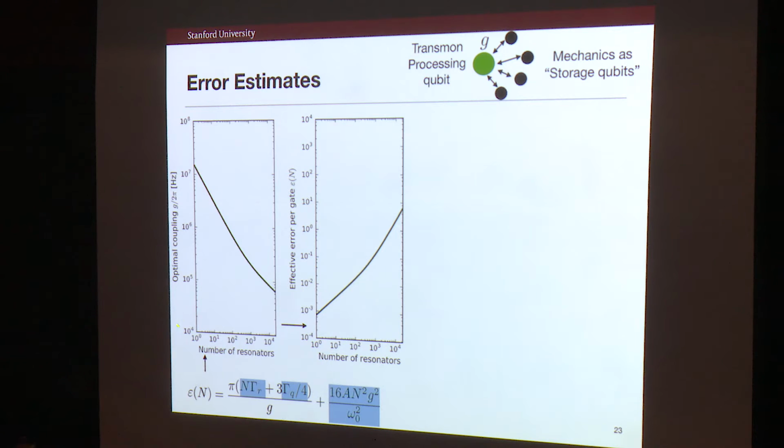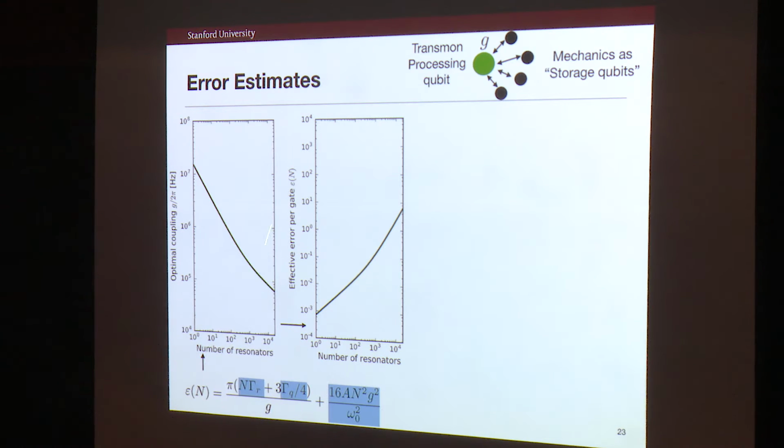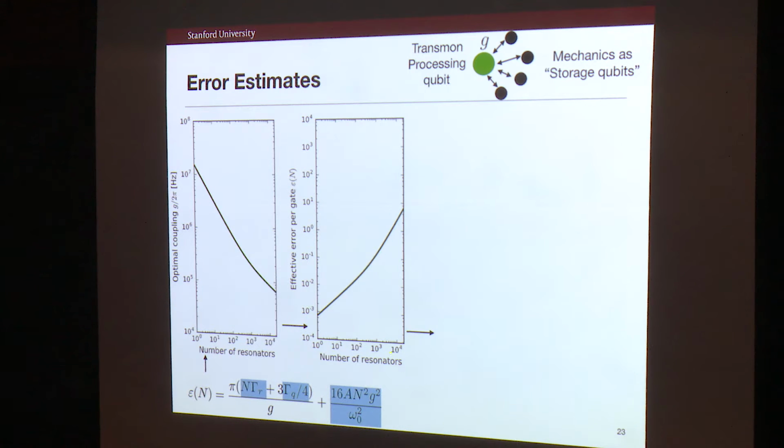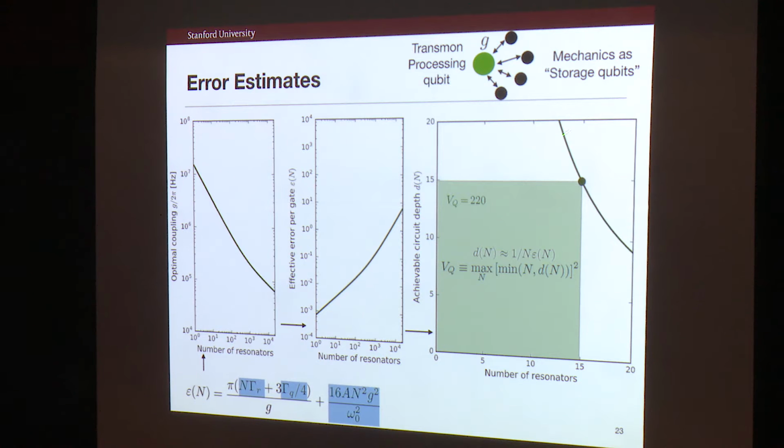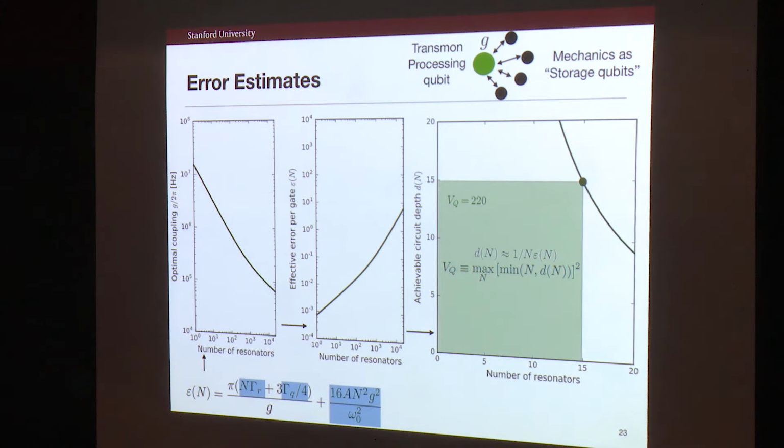Okay, so now that we have this optimal coupling, we get an effective error per gate, and that's going up as the number of resonators goes up. And if we multiply these by each other, you end up with a curve. And the maximum quantum volume is basically the biggest square that I can fit in here.